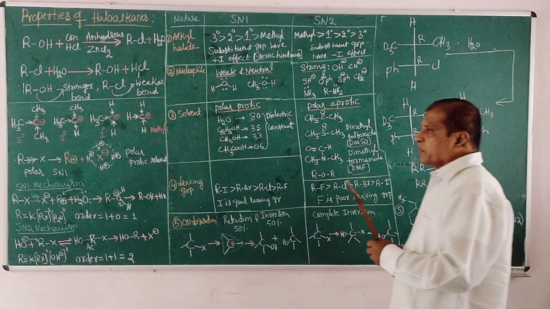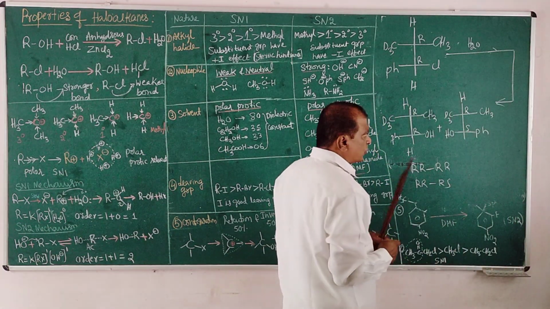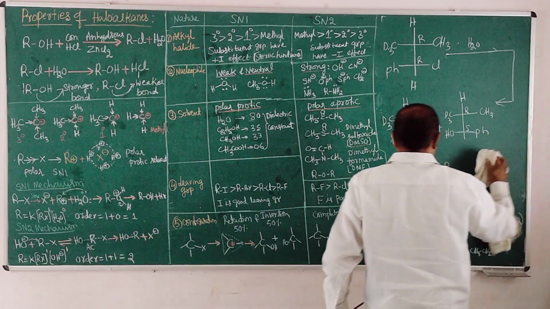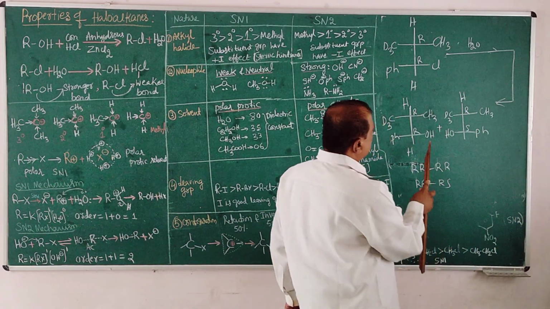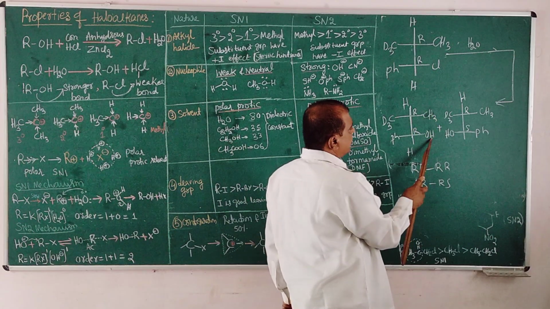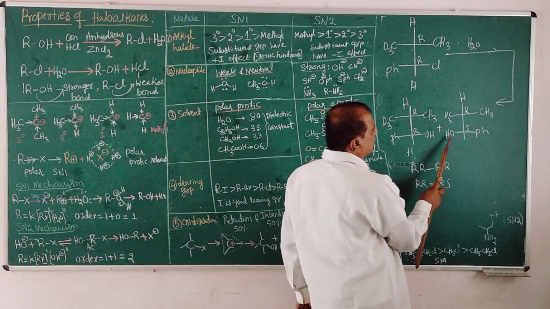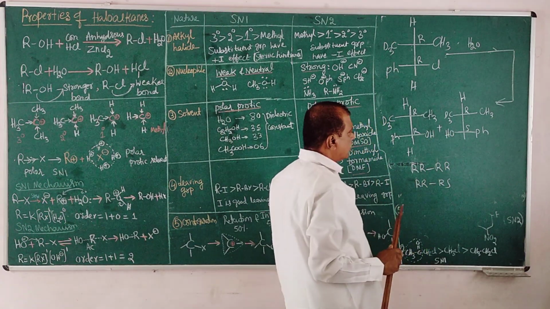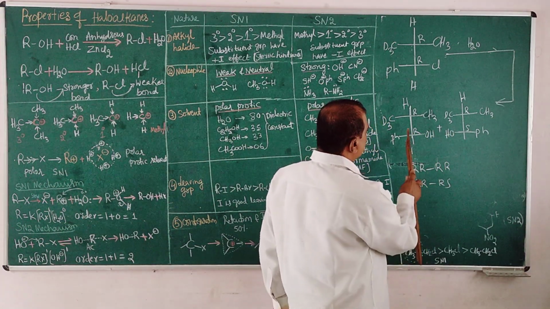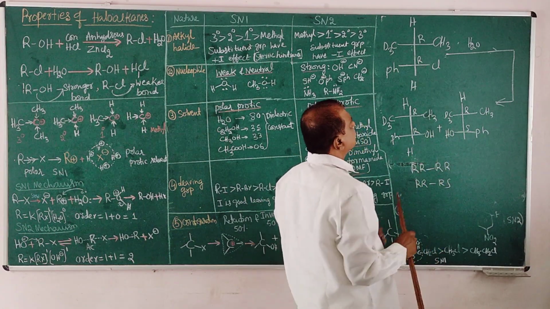With this SN1 mechanism, we have two isomers: one with the same configuration and one with inverted configuration. Now these two are diastereomers.